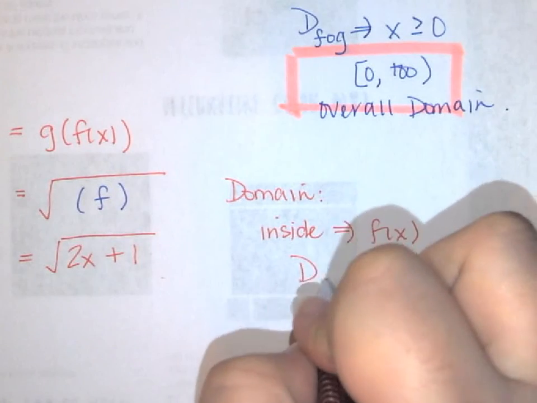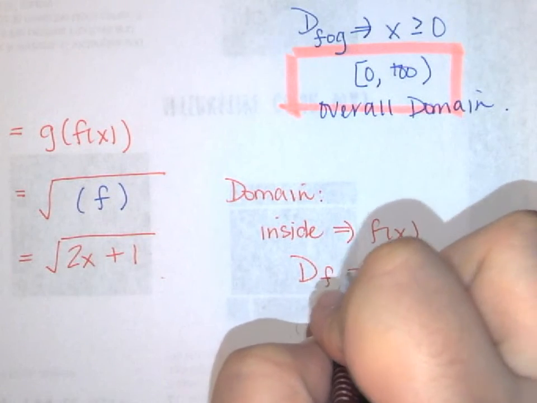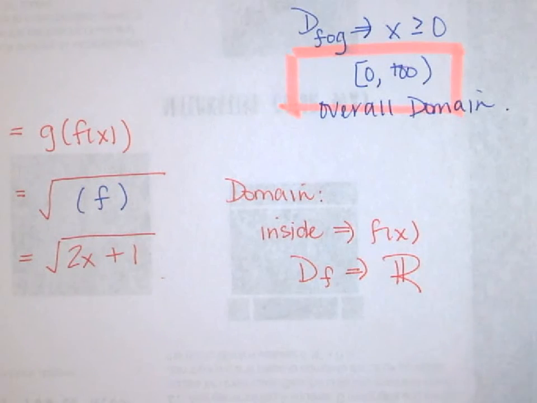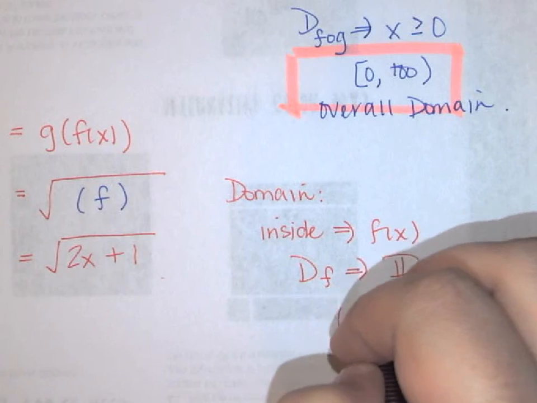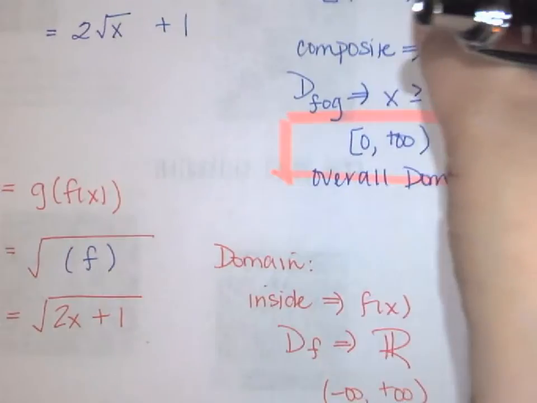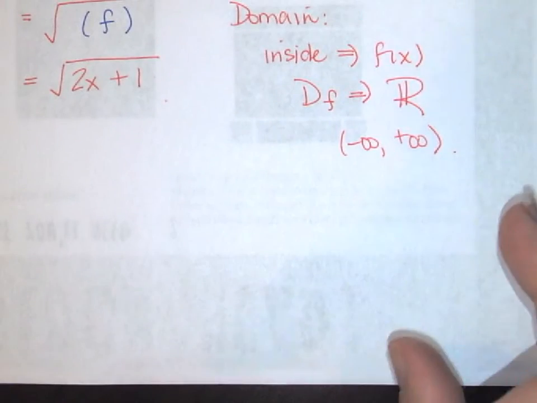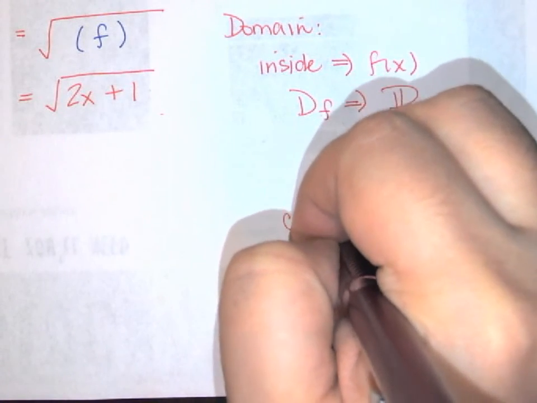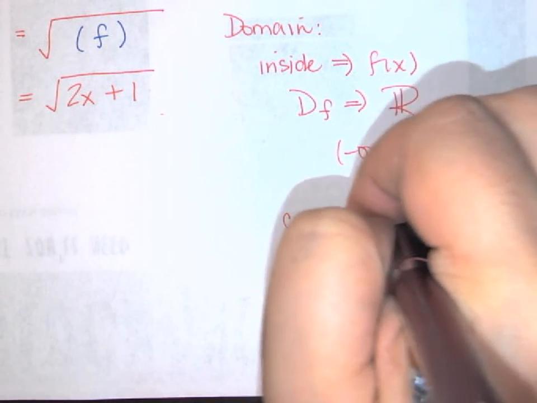So the domain of f in this case is going to be all real numbers. Well, all real numbers is negative infinity to positive infinity. That's its domain.